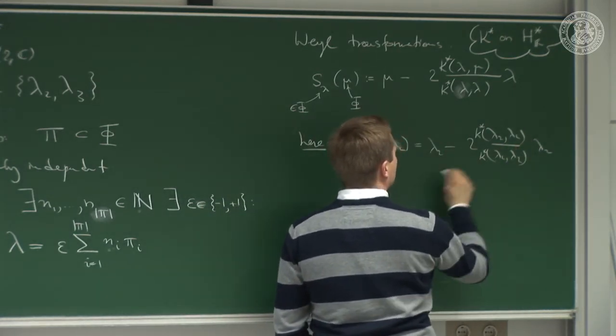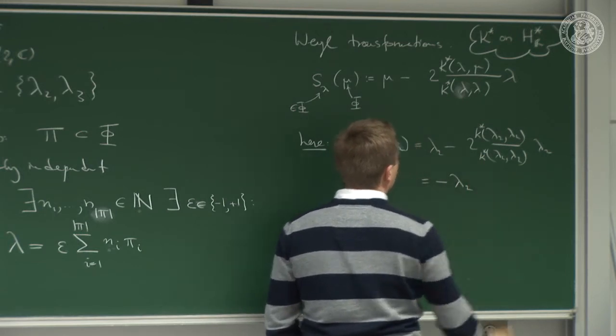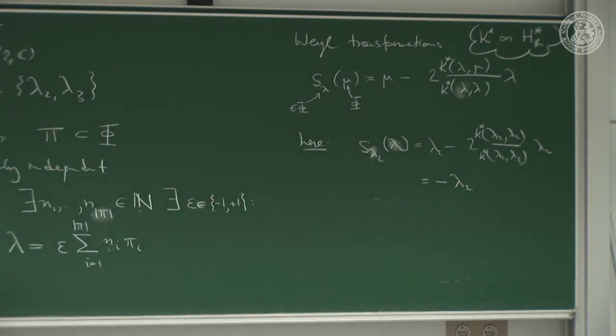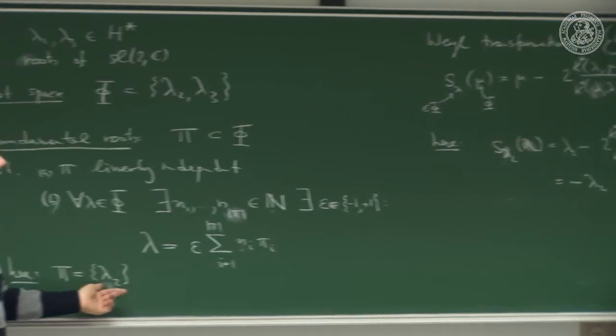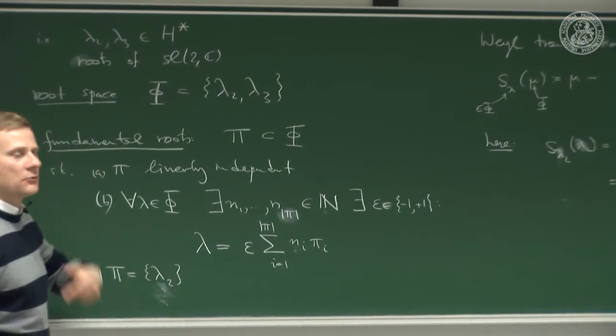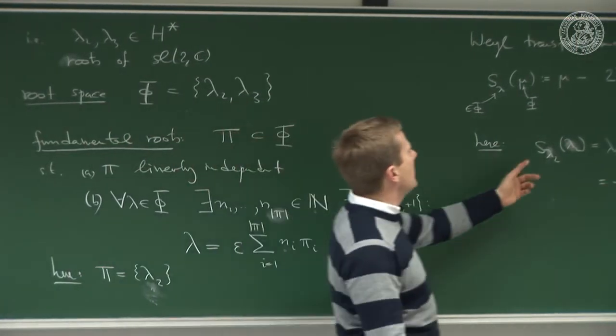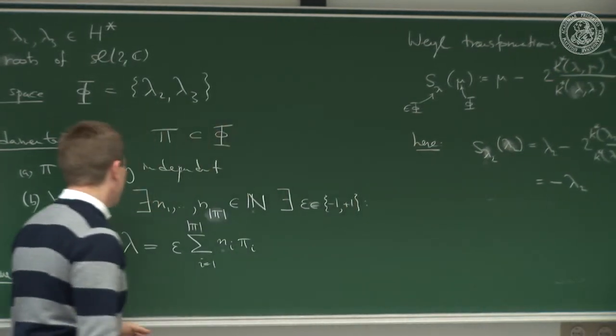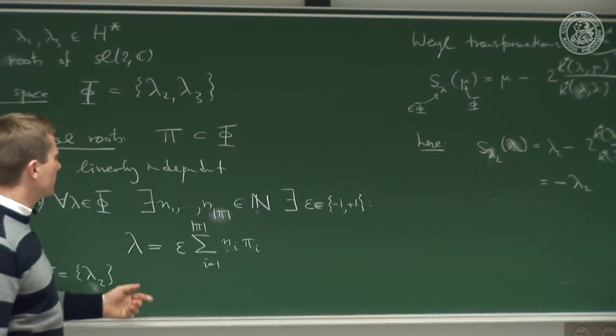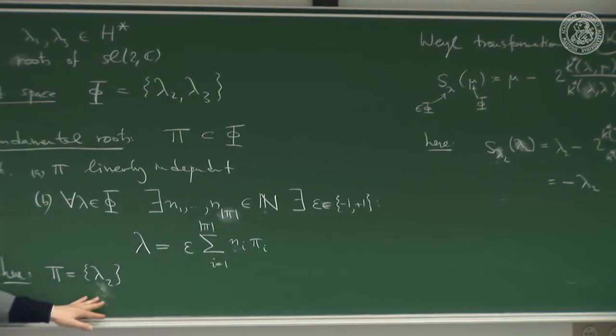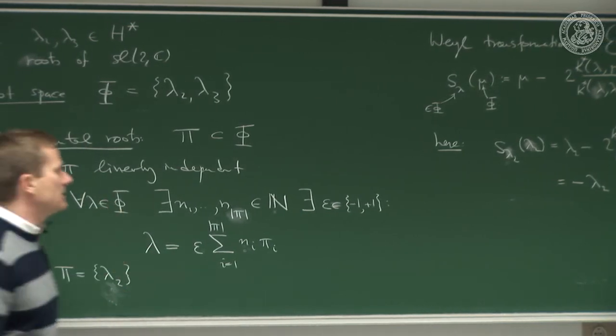This lambda 2 minus 2 lambda 2 is minus lambda 2. Well, indeed, acting with the Weyl group on lambda 2 with respect to lambda 2 produces the other root, because we know action of the Weyl group or repeated action of the Weyl group on the fundamental roots generates the entire root space.